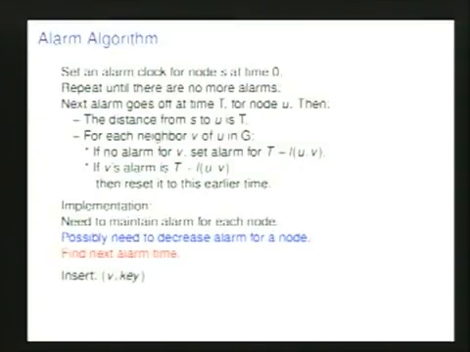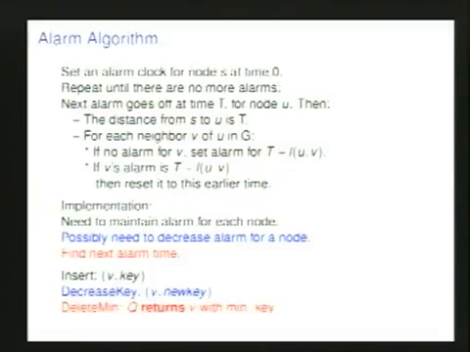Okay, so now there's insert. We're maintaining alarms, right? So for each node, we're giving an alarm value, which we call a key. And we have this special command called decrease key, because v may already have a key associated with it in your data structure, so you may have to reset that value.